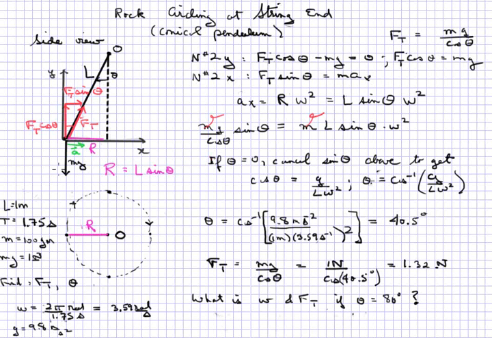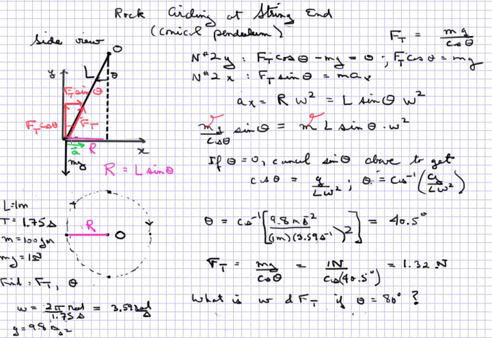At the end of the string I have the mass and the forces acting on that mass. This is a force diagram for M, with its own downward weight. And then there's a string tension along the string, so there's only two forces acting on this mass, the string tension and the weight.